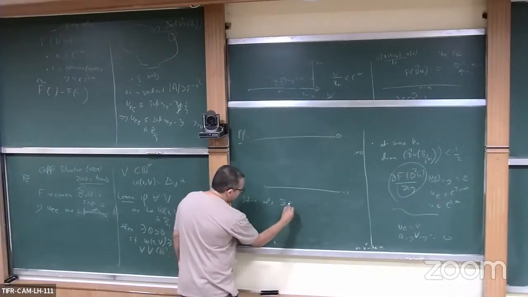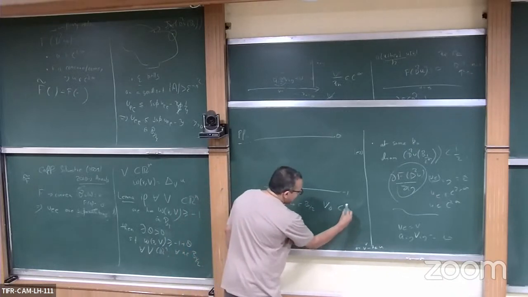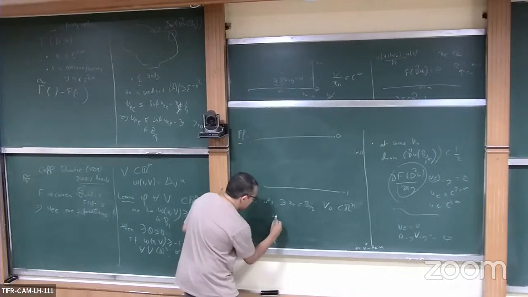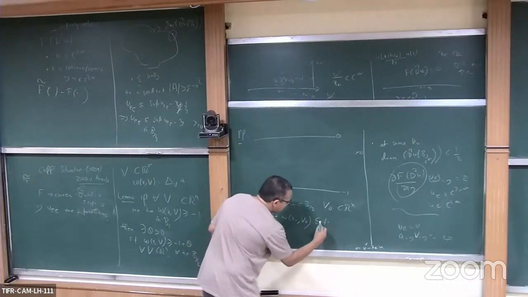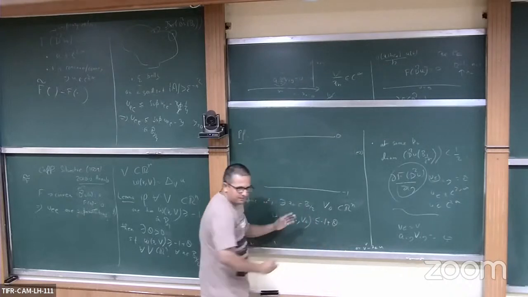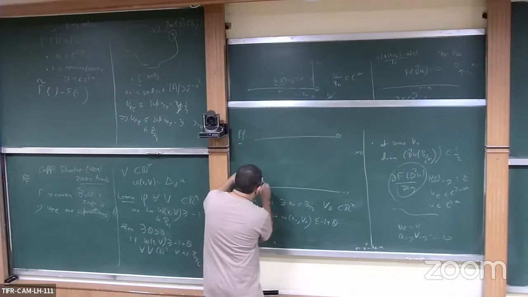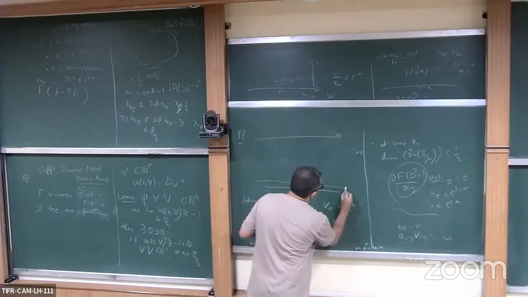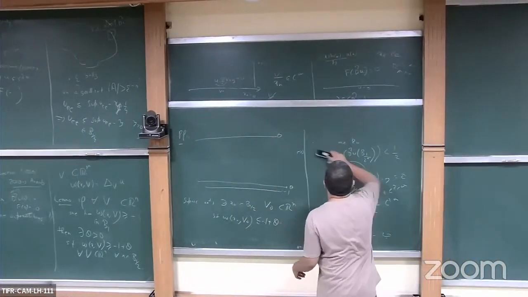Then there exists some x0 in B half and a subspace V0 in R^n such that W of x0, V0 is less than or equal to -1 plus theta. Finally, I will quantify this theta. So let me just say that this theta is maybe somewhere over here, right? This is my theta.